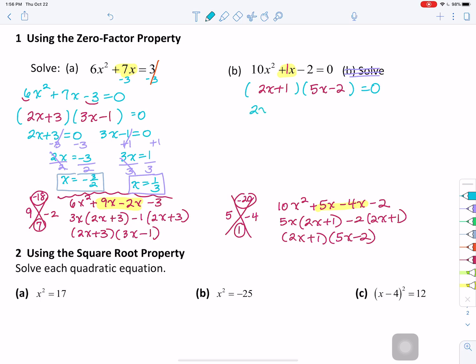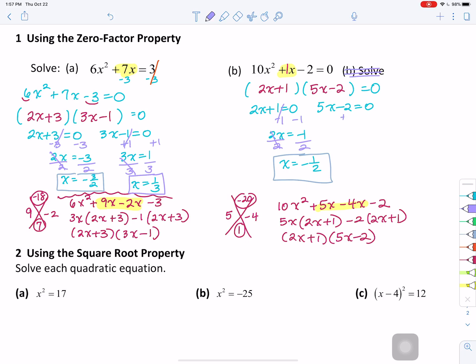So either 2x plus 1 is equal to 0, or 5x minus 2 is 0, or they could both be 0. I'm going to go ahead and subtract 1 from both sides. We end up with 2x is equal to negative 1, dividing both sides by 2, and we have x equal to negative 1/2. And now let's find our next solution.